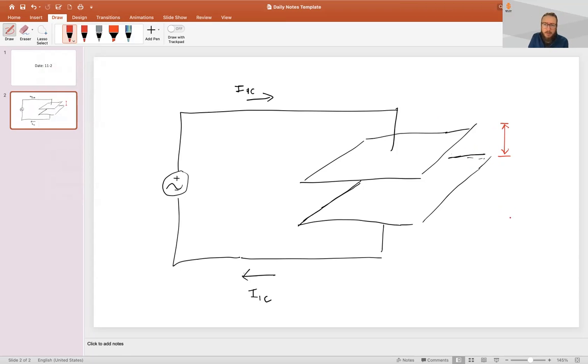There aren't actually charges jumping across these plates. They're building up on the plates. Eventually, in steady state, the buildup will be equal but opposite to the voltage here. The charges aren't crossing over, but the electric field is changing in the region between the two plates.